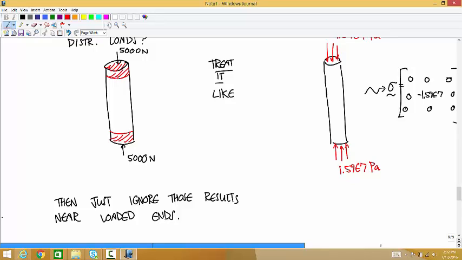Solve the truss, and then use this approach to figure out the stresses in the beams that make up the truss. Okay, so we'll do an example like that after break. So come back at 2:12, 2:13, and we'll start again.